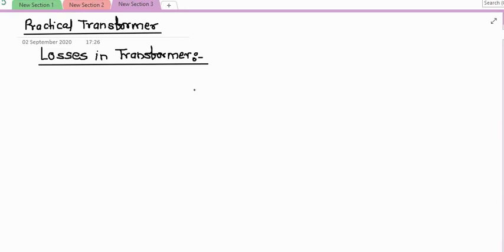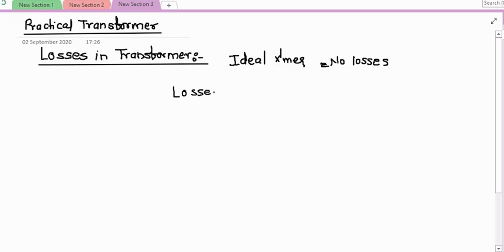Before going to that, let us study what the different losses in the transformer are. We have seen that in an ideal transformer there are no losses, and that's why in the phasor diagram I have written V2 is equal to E2. But in a practical transformer there are some losses. So what are the losses in the transformer?